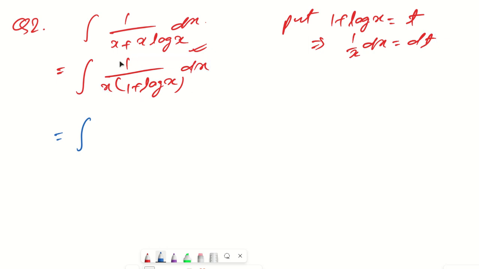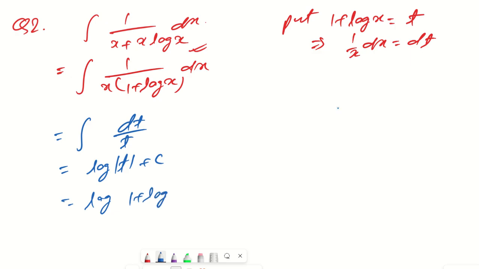By substituting, this whole term will be replaced with dt, and 1 plus log x is t. So it will be integration of dt by t. Now this is a very simple question. It is log of mod t plus some constant c. So this is going to be log of mod 1 plus log x, plus some constant c. So this is your answer.